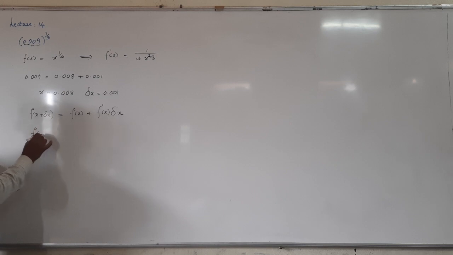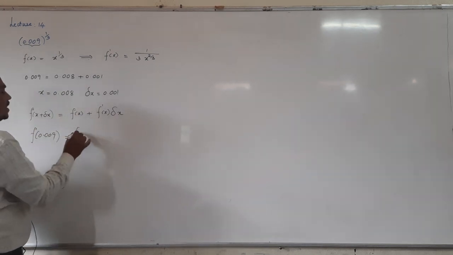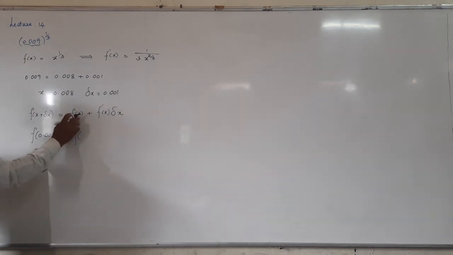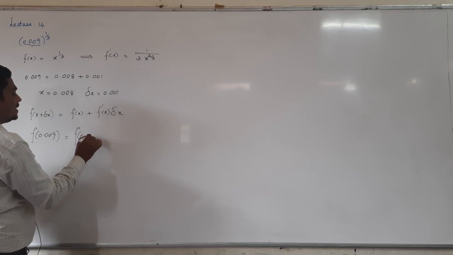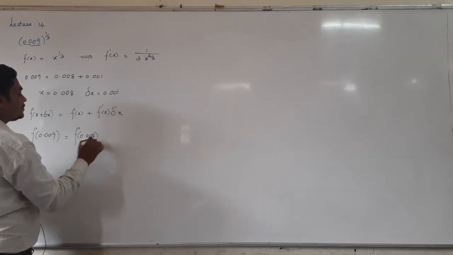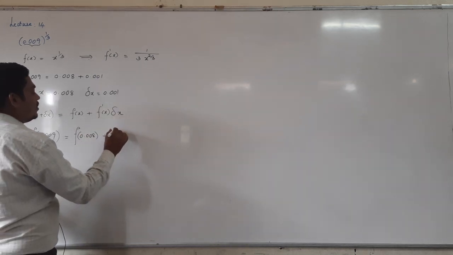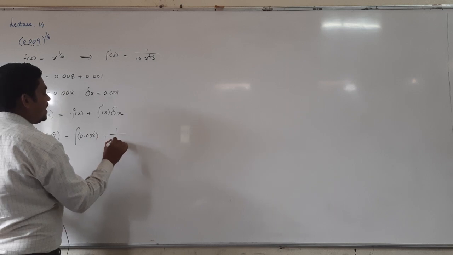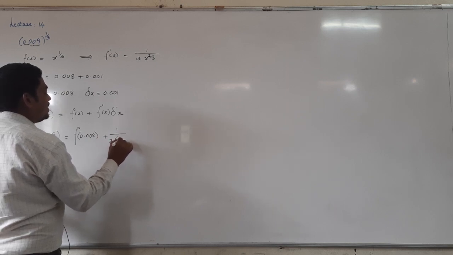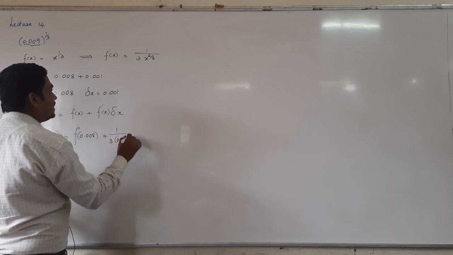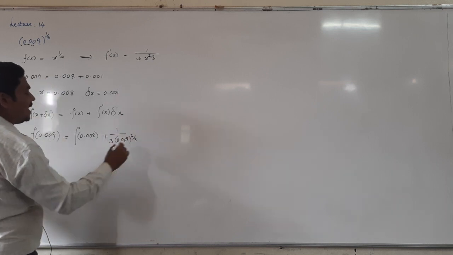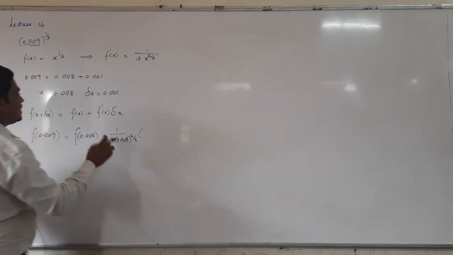F of 0.009 is equal to f of, replace x value here, 0.008 plus 1 divided by 3 into 0.008 whole thing power 2 divided by 3 into delta x.